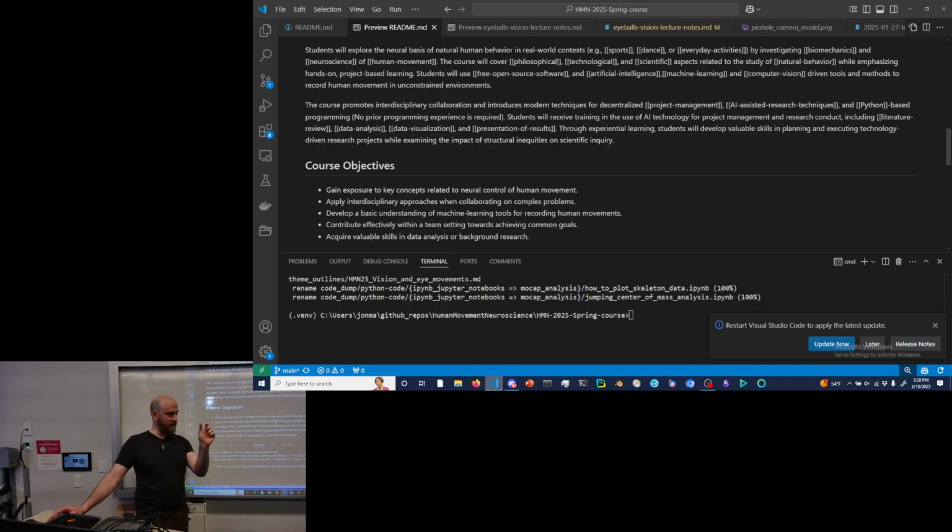A fovea is the central spot. In pictures of the eye, there's a place where all the wiring is pushed out of the way. That's your fovea. It's the center visual field, about the size of your thumb at arm's length. And 50% of your visual cortex is devoted to processing that 1% of your visual field.